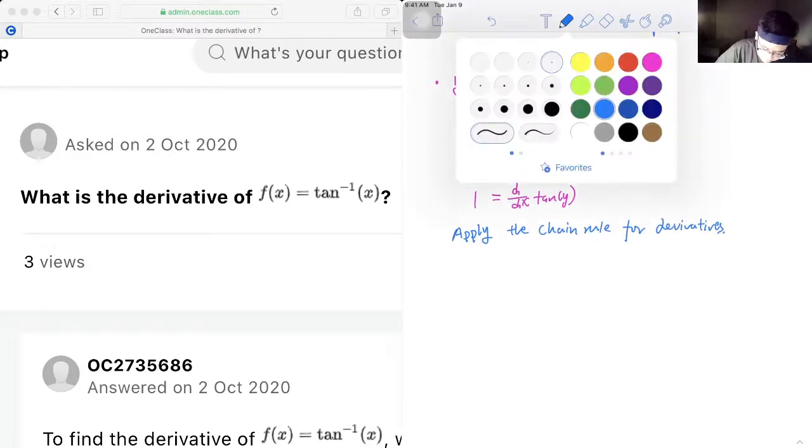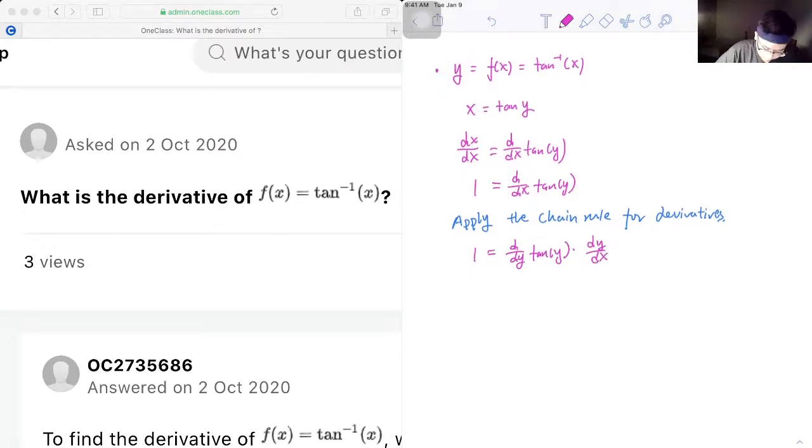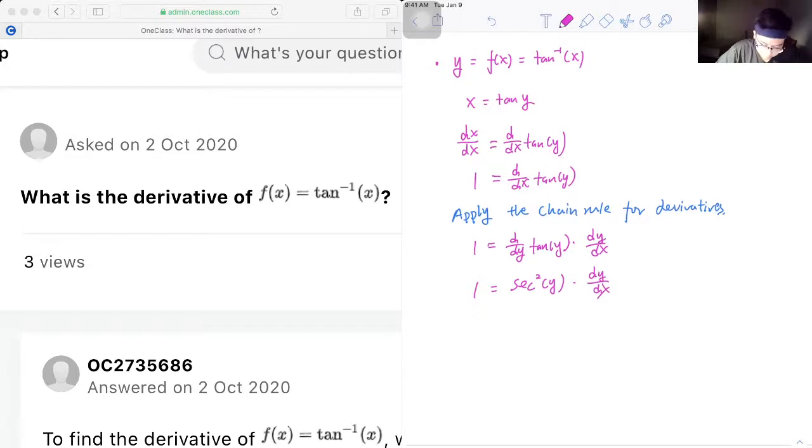So we will have 1 is equal to d/dy of tangent y times dy/dx. And 1 is equal to secant y squared times dy/dx.